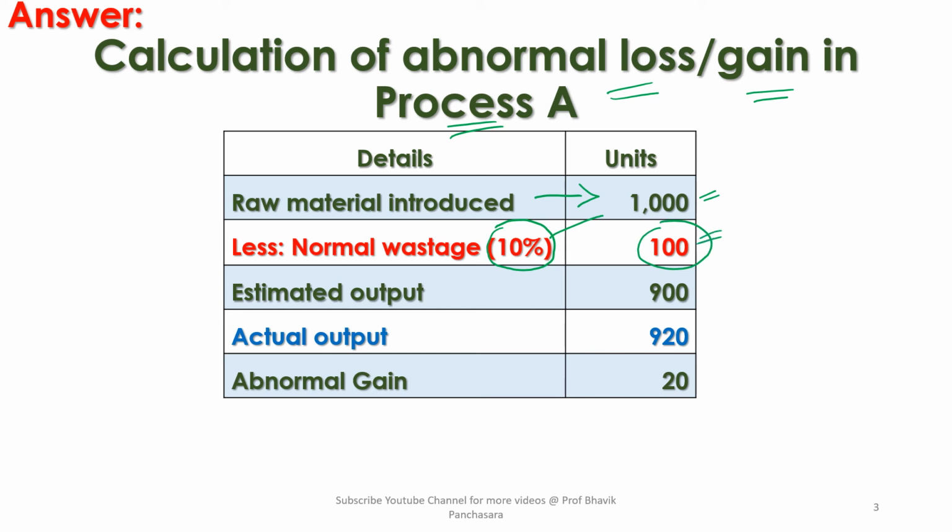So if we deduct 100 units from material introduced 1000 units, we can say that our estimated output is 900 units. Now if we compare this estimated output with actual one, it is 920 units. So here we can say that actual output is higher than estimated output. So this difference is of 20 units. So these 20 units are units of abnormal gain.